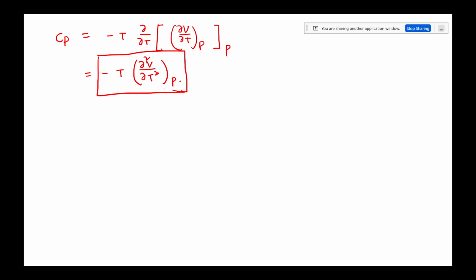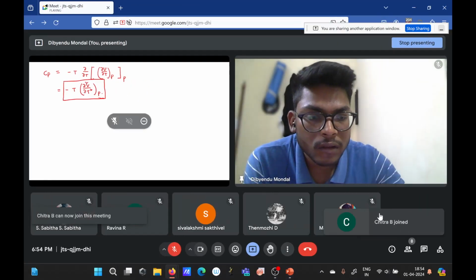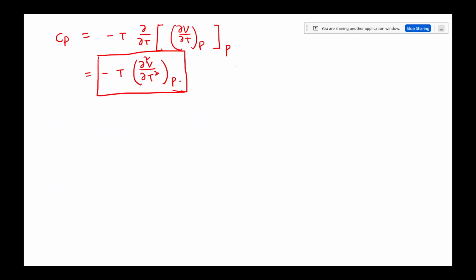So let me write the equation of state: V is equal to RT by P minus B by T cube.